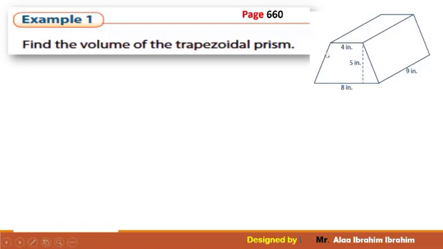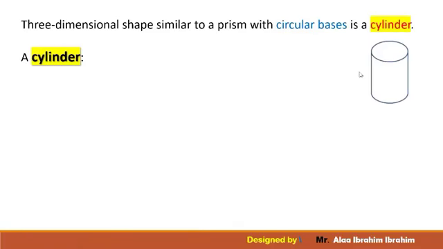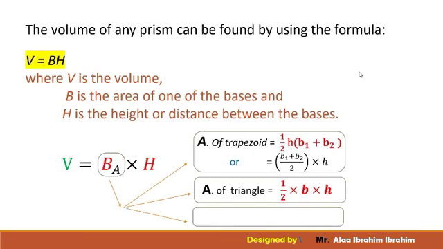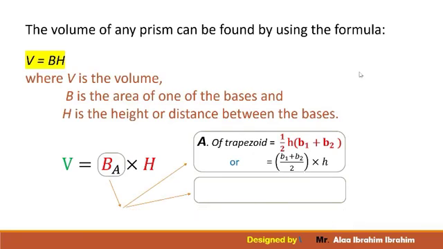So I have to find the area of the trapezoid because this is my base. If I return again to my rule, I have to deal with this form because my base is a trapezoid. So I change this B with this rule. Remember this rule, okay?